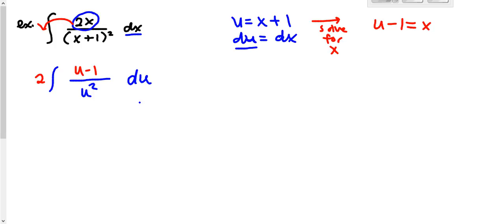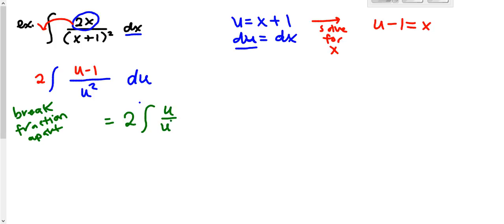Okay, so now the next step is to break the fraction apart. How we're going to do that is we're going to divide each term by u squared. So we will still have a 2 and the integral, but here we'll have u divided by u squared minus 1 over u squared, and these are all du's.